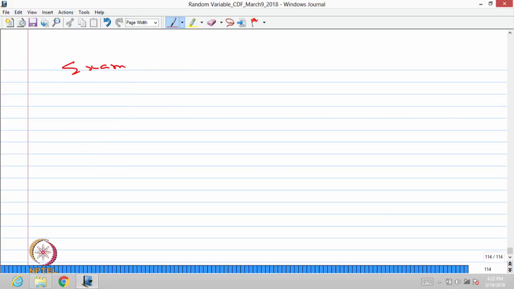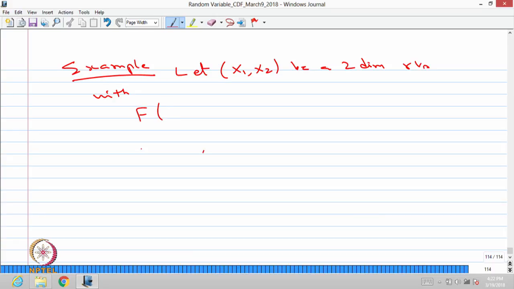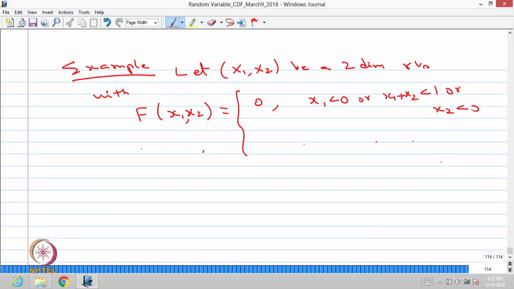As an example, let x1, x2 be a two-dimensional random variable with CDF F of x1 comma x2 that is 0 when x1 is less than 0, or x1 plus x2 is lesser than 1, or x2 is lesser than 0.